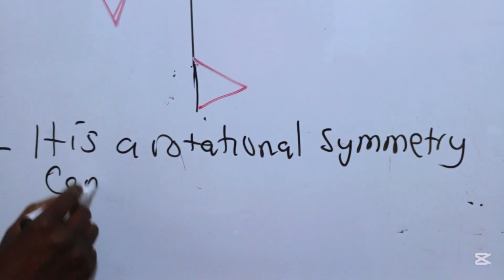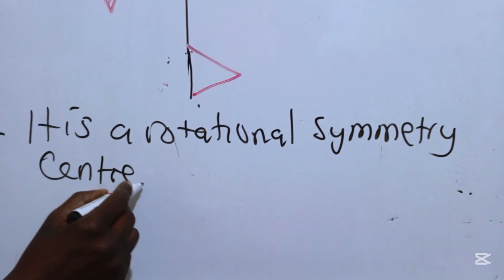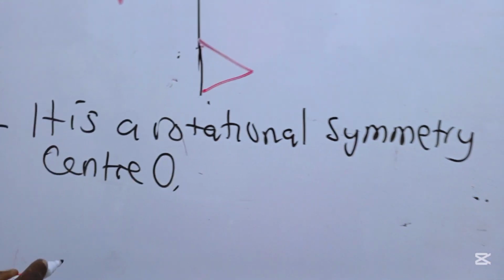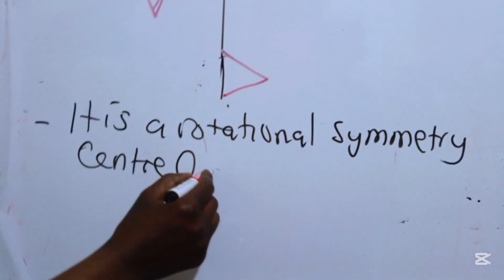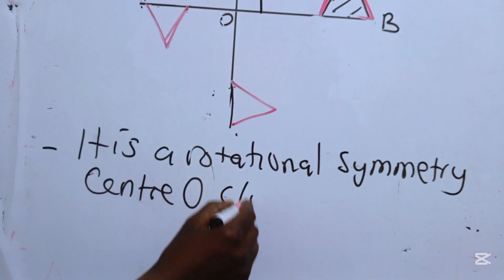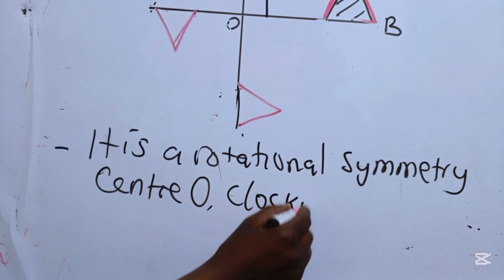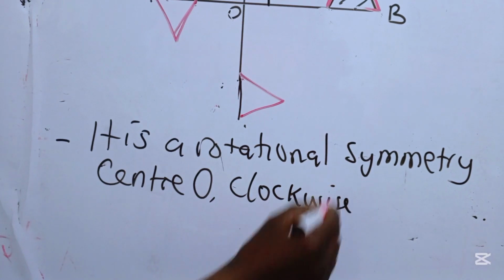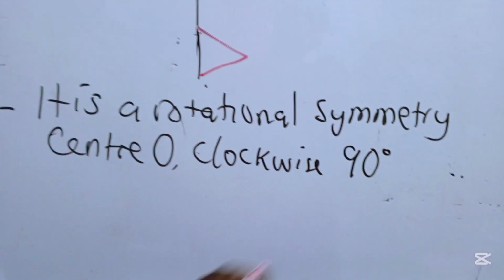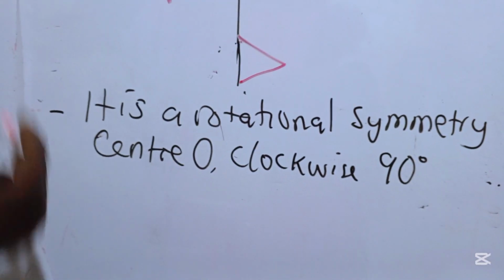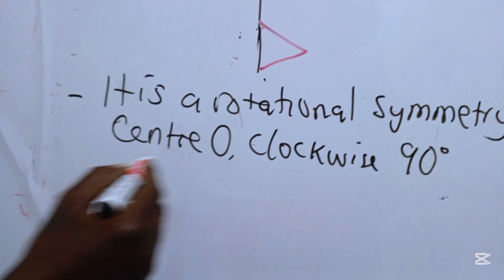Center, you have to indicate the center, O, but you have now to indicate the direction. For example, clockwise 90 degrees, meaning to fit exactly.